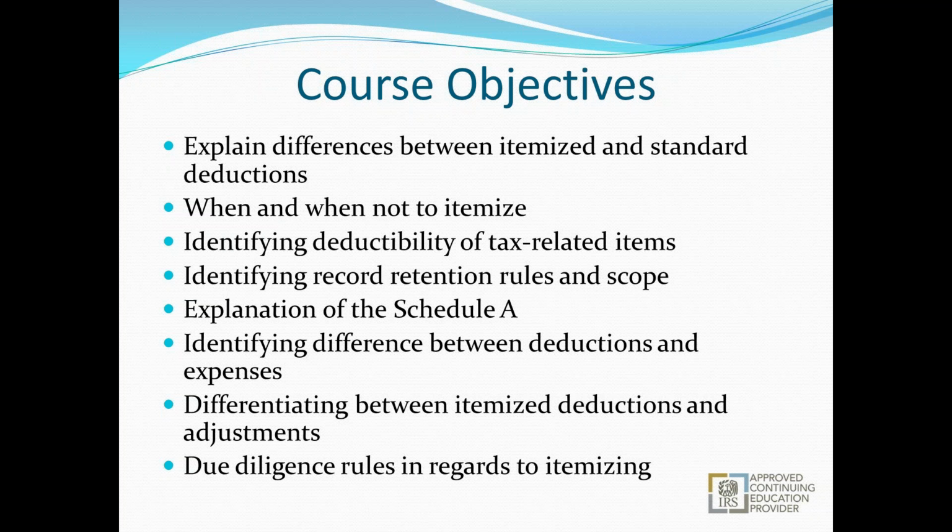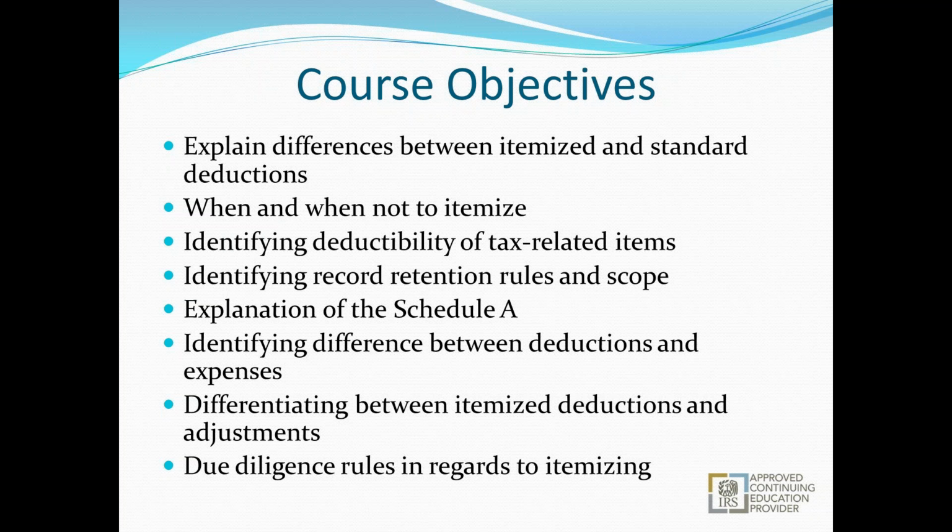Identifying the deductibility of certain tax-related items. We're going to cover the record retention rules and the scope that it applies to your office in terms of what you need to keep, what type of professional responsibilities you need to have. I'm going to identify the difference between deductions and expenses. It's harkening back to some of those differences between itemized and standard.